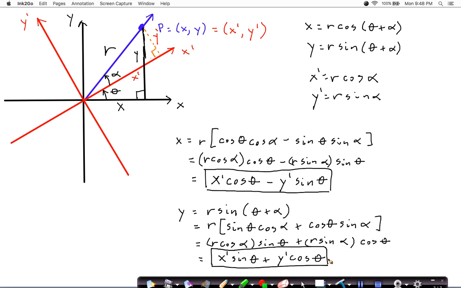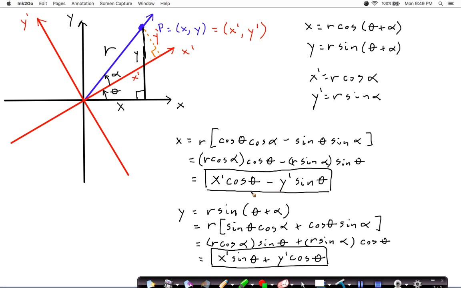So to summarize, what we've basically done is we've done a rotation of axes through this angle theta over here. We started out with x, y, and we rotated by theta and got to x prime, y prime. So what we've done over here is we've shown the relationship between x, y, and x prime, y prime.